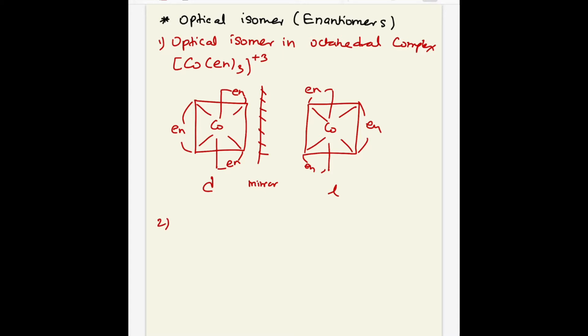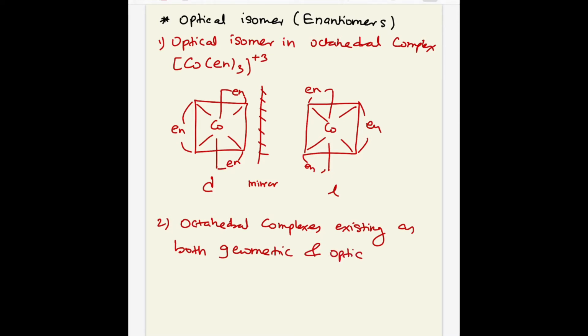So second, we can see octahedral complexes existing as both geometric and optical isomers. Geometric and optical isomer.